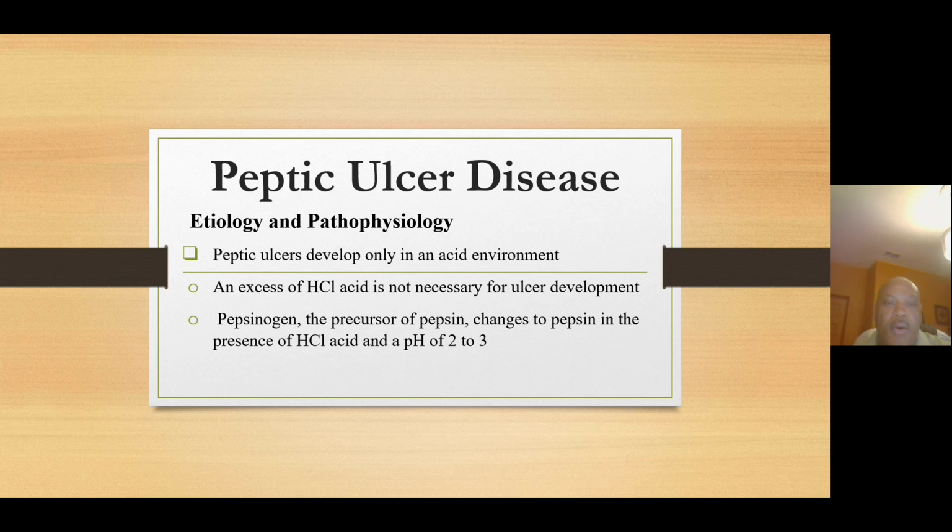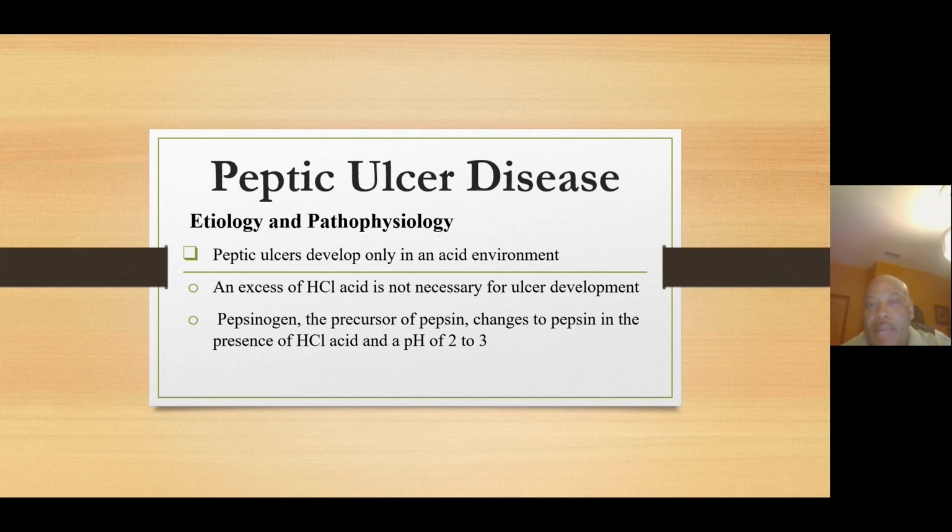All right. Now, when food or antacids neutralize the stomach acid levels, or drugs block acid secretion, the pH then will increase to about 3.5 or more. All right.